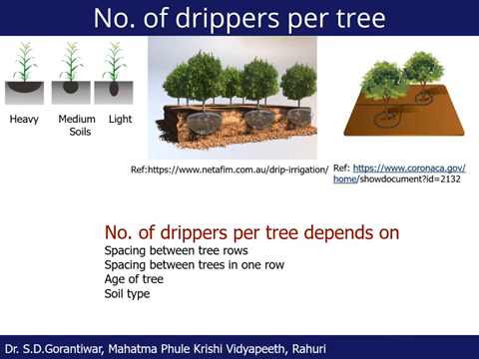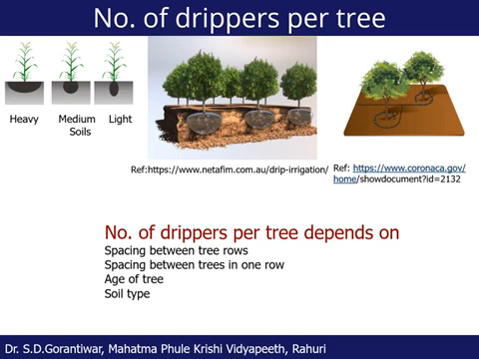And the age of the plant will also make a difference. Suppose we consider pomegranate plantation in medium soil or in heavy soil. In case of heavy soil, the pomegranate plantation in the first year will need only 1 emitter, whereas if we have the pomegranate plantation in light soil in the first year, it will need 2 emitters.